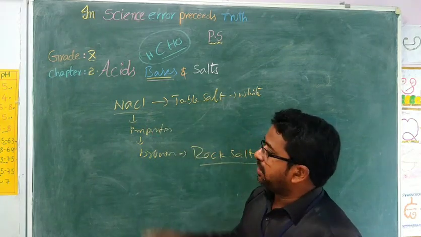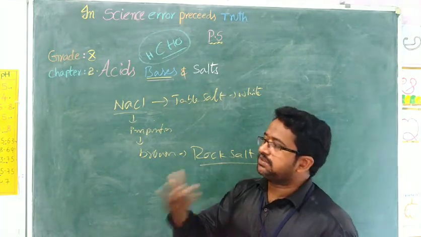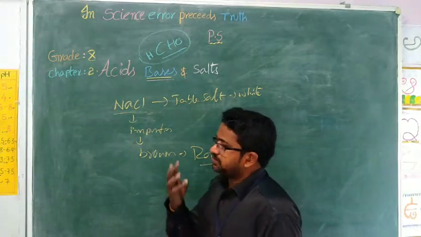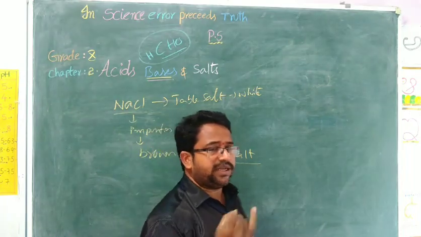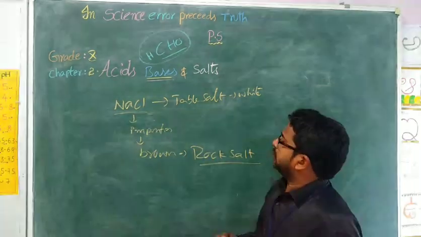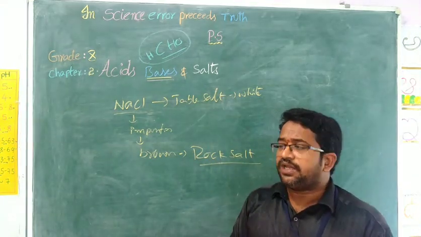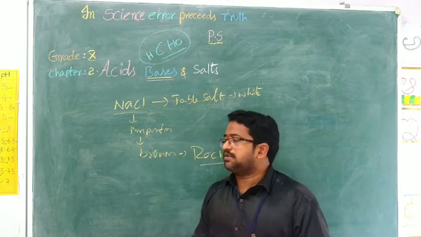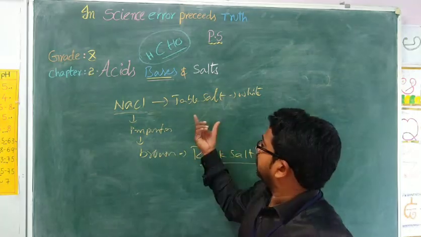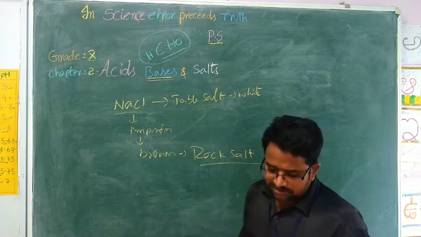So three uses are there. First is as an antibacterial solution. Second is that it enhances the taste of the food. And third is that it extends the preservative time of the food. So that's about sodium chloride.